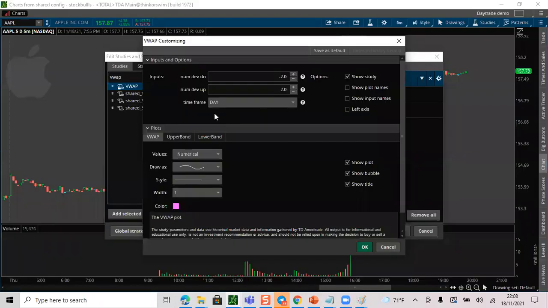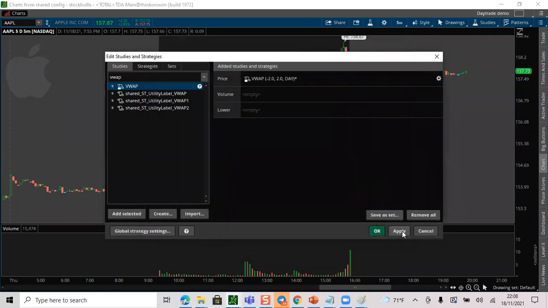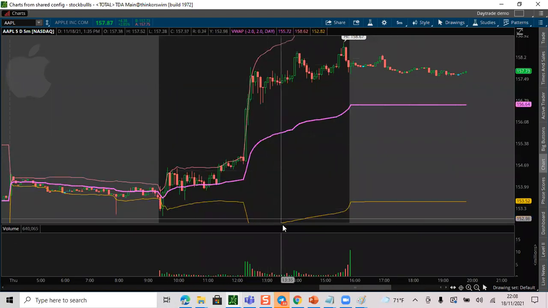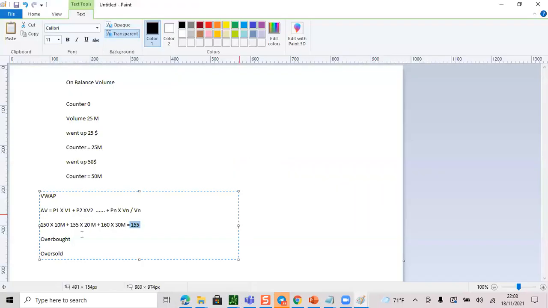So let's add a VWAP for this. You see right here, and just VWAP. It has two bands. So VWAP has two bands, upper band and lower band. You can see, right? Upper band and lower band.